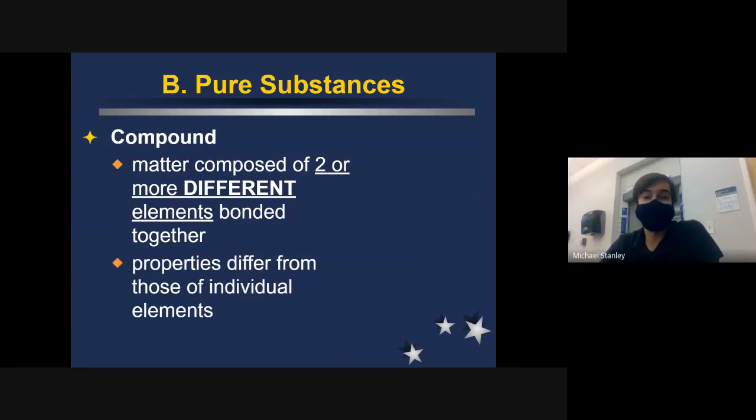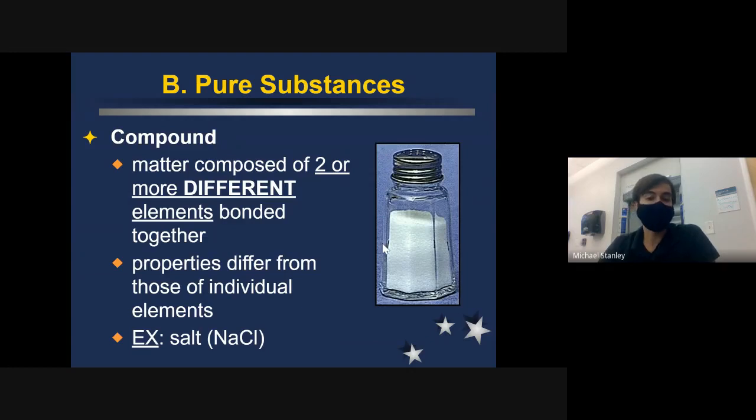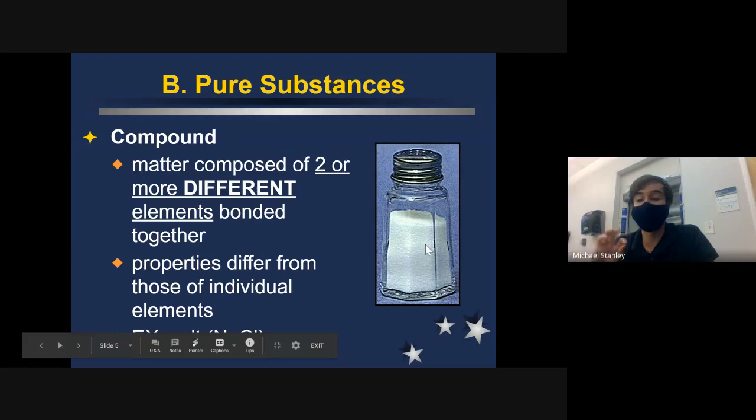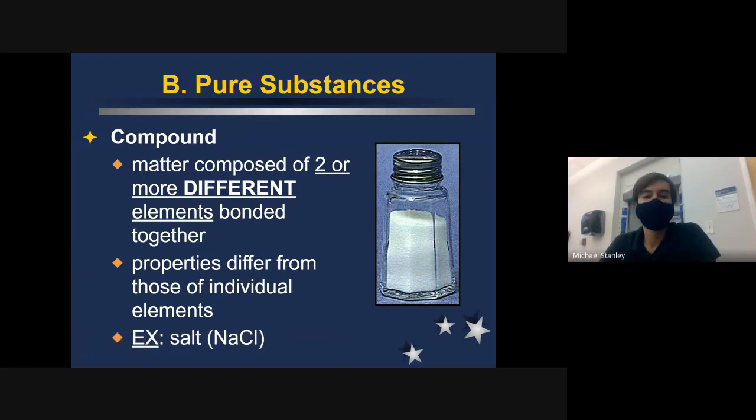So usually when we have a compound, it ends up with properties that are a little bit different than the individual atoms that started on their own. So, for example, table salt, the stuff that you put on your food to give it that extra little kick of flavor, is a compound.